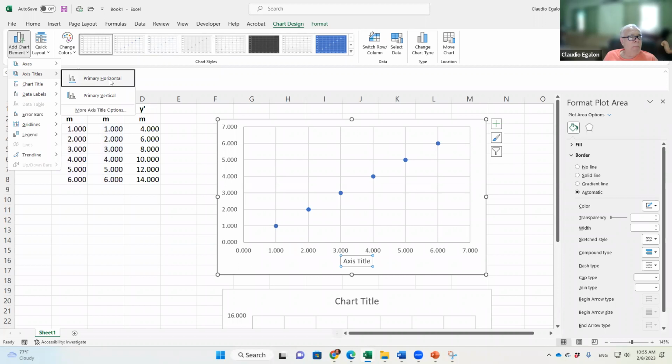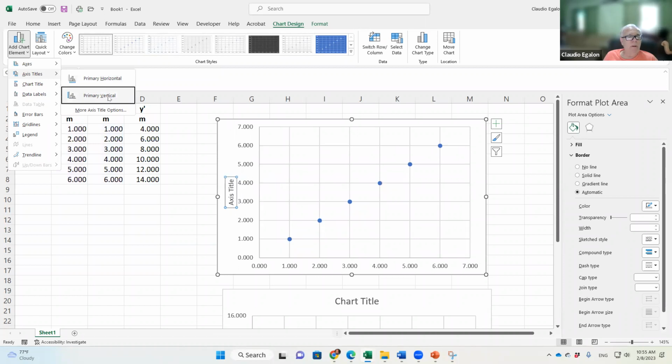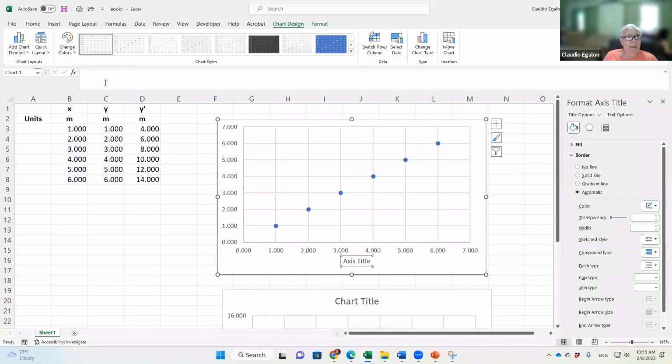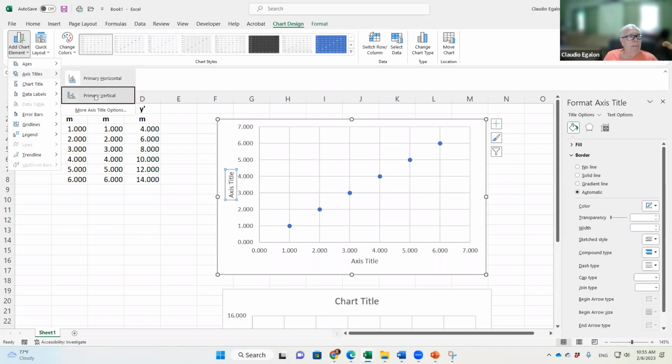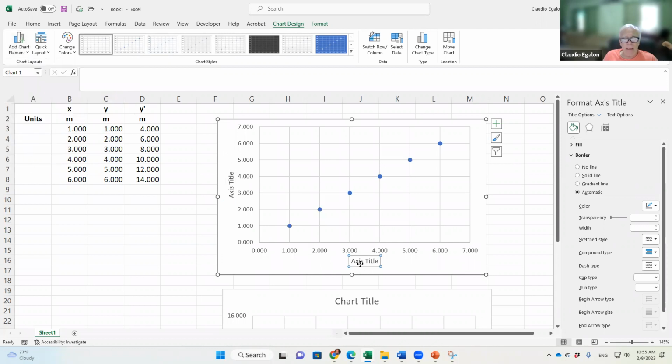Notice that we have a primary horizontal and a primary vertical, right? So I want you to put both of them in there. Primary horizontal and primary vertical. And write down here what it's all about. It's going to be the measurement in the vertical direction, y, with a unit in meters. Here too, a measurement in the horizontal direction that I call x, and the unit between parentheses, meter.